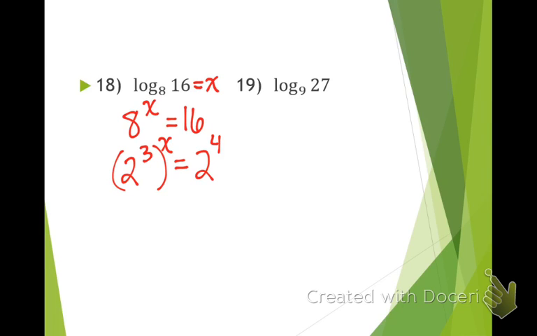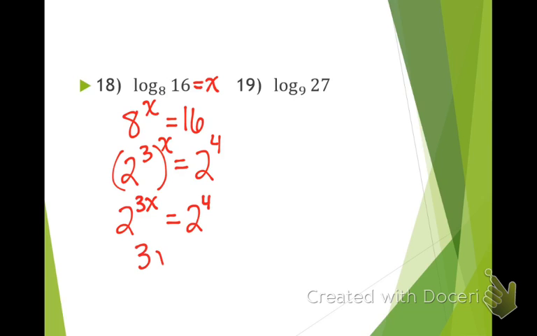If we are raising a power to a power, like 2 to the 3rd raised to the x, what do we do? Multiply. So this is 2 to the 3x is equal to 2 to the 4th. Now our bases are the same, and we're saying that these should be equal. So that means that my exponents on the 2's should also be equal. Does that make sense? If I'm saying these are equal, the bases are the same, then the exponents should be the same.